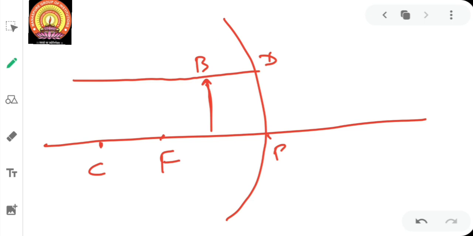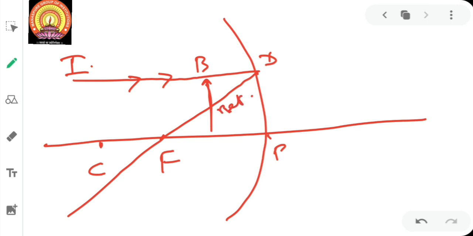What happens then? We know that the reflected ray passes through the focus. The reflected ray then passes through the focus itself. This is the incident ray and this is our reflected ray. It is passing through the focus according to the first rule.